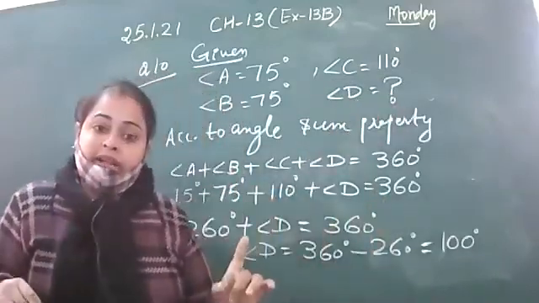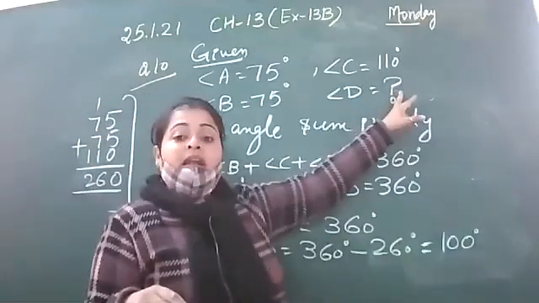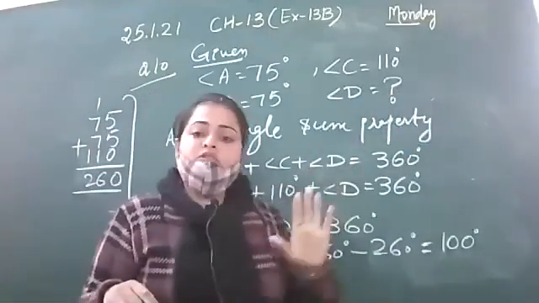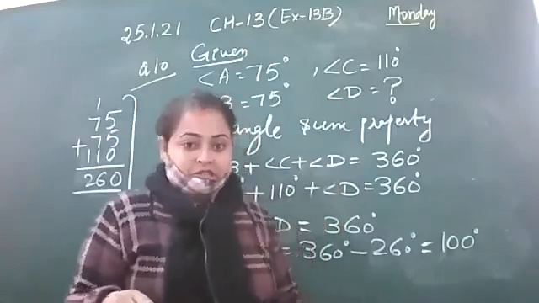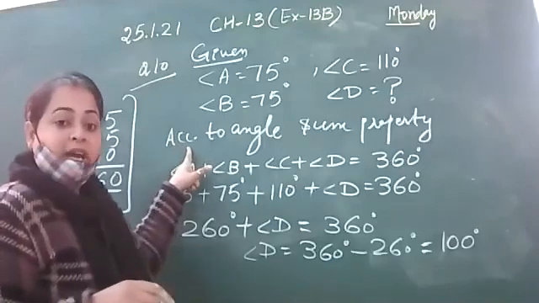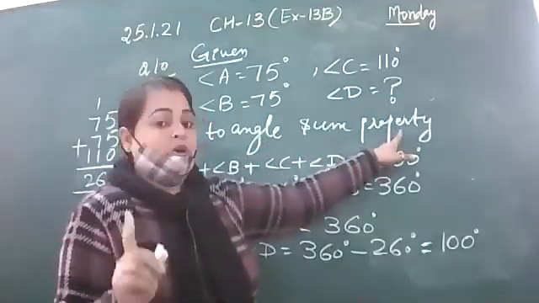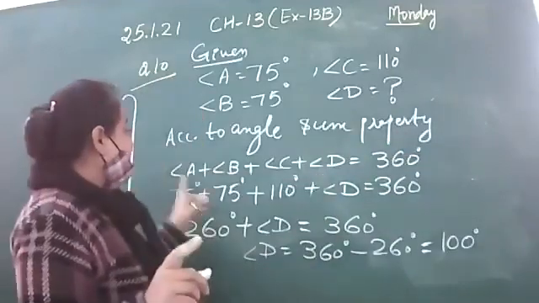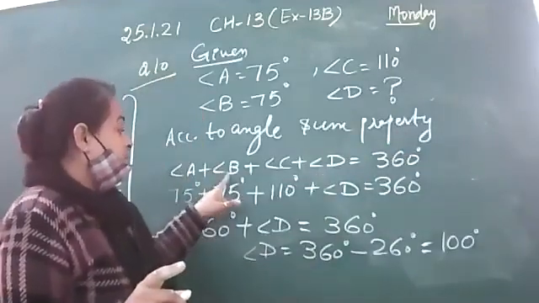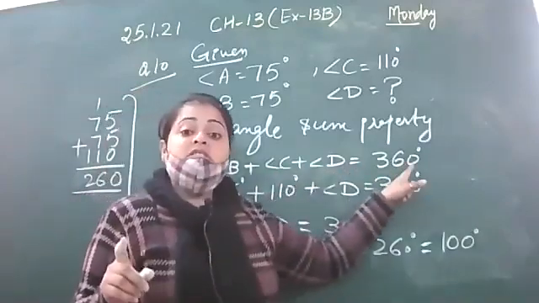And I have already explained you can use any letter here also. But this is your wish. There will be no compulsion. Okay. After that, this is very important to write according to angle sum property. Very important. So angle A plus angle B plus angle C plus angle D is 360 degree.